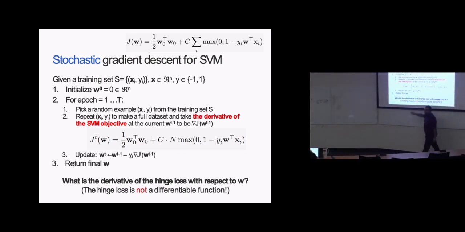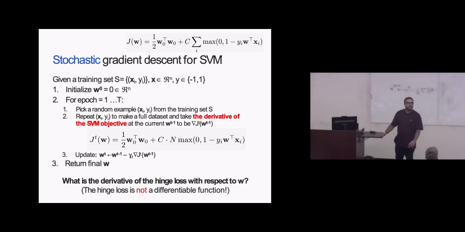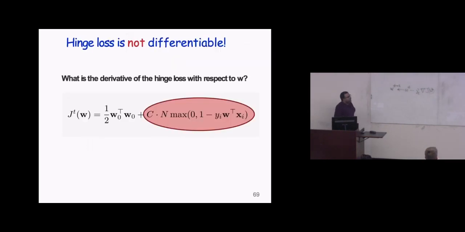That's the only problem that is remaining. Any question up to this? You see the red text, the derivative of this SVM objective. That's still a problem. Again, this problem is highlighted here, this max function.